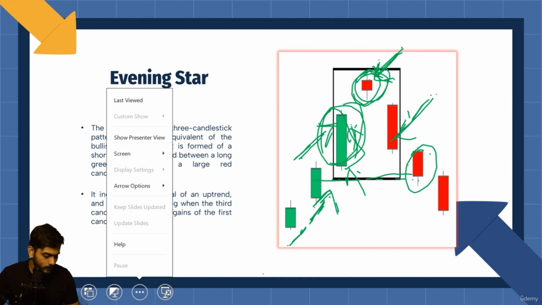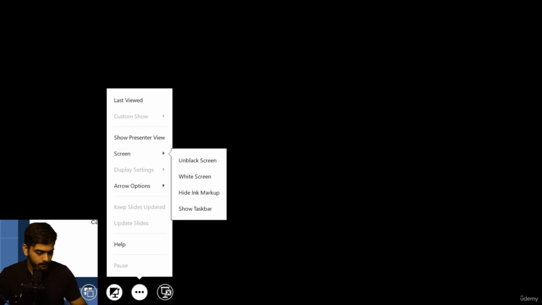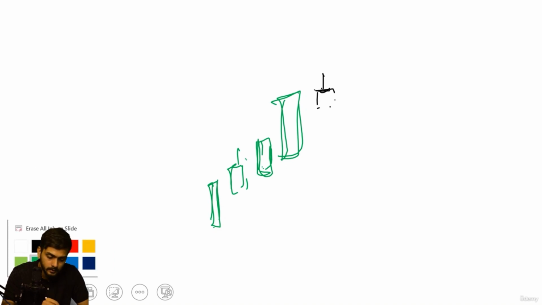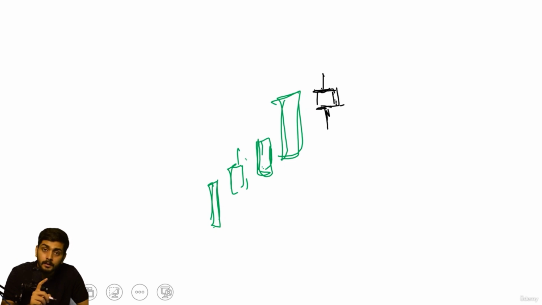Okay, taking you to the white screen. So now somewhat the formation of an evening star will be like this: uptrend, little bit of a doji, uptrend, and an engulfing candle. Then you see market gives a doji.